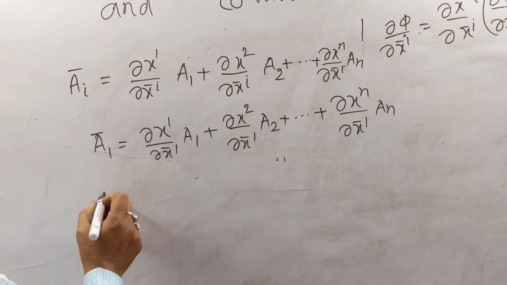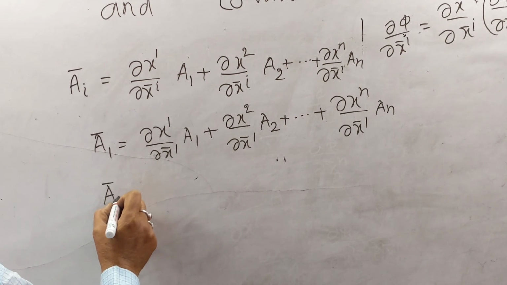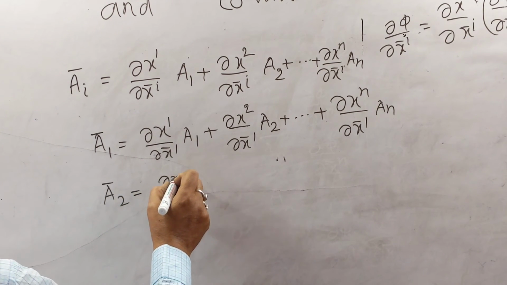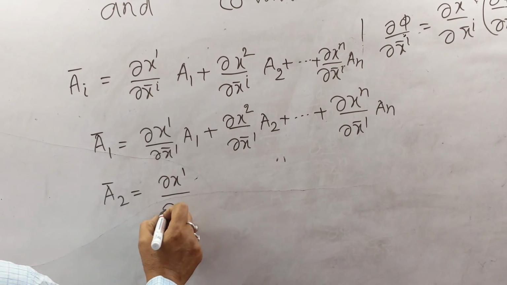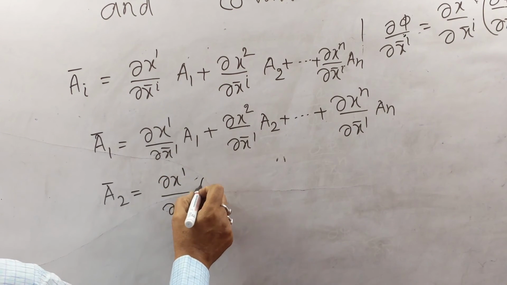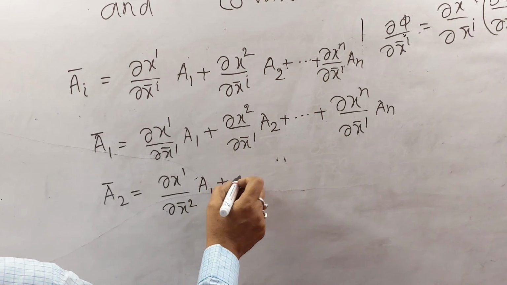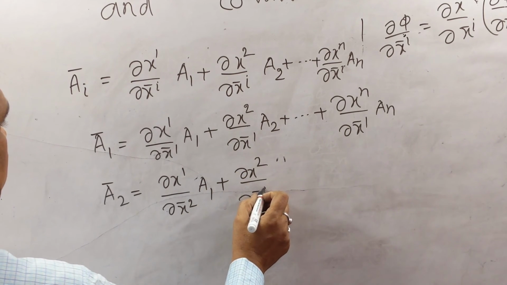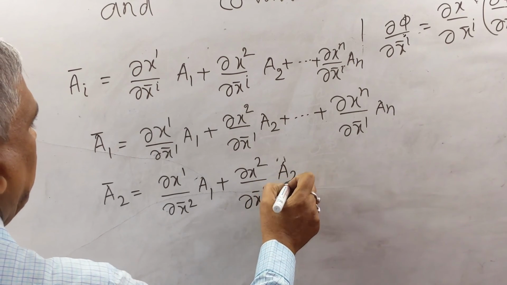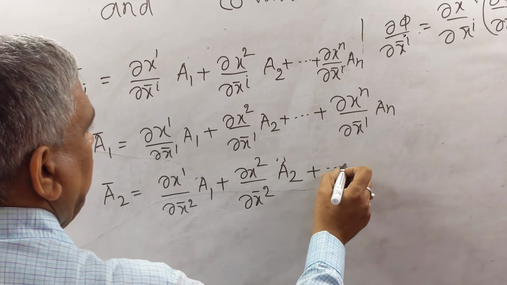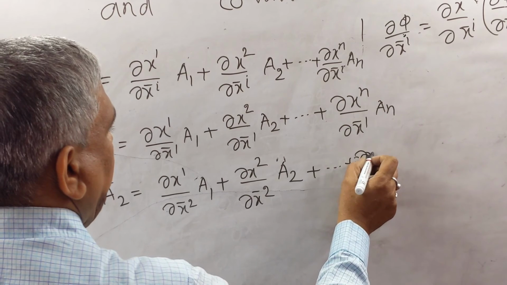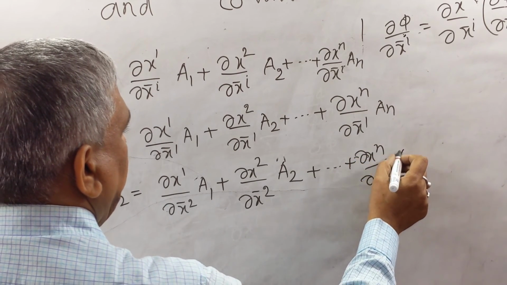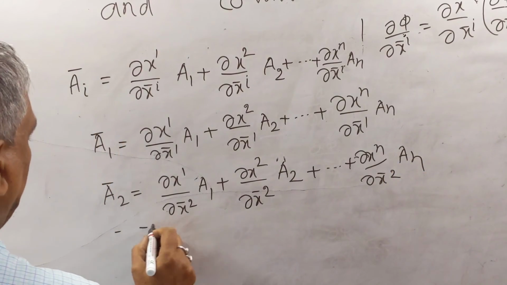Putting i equal to 2, a bar 2 equal to del x1 by del x bar 2 a1 plus del x2 by del x bar 2 a2 plus del xn by del x bar 2 an, and so on.